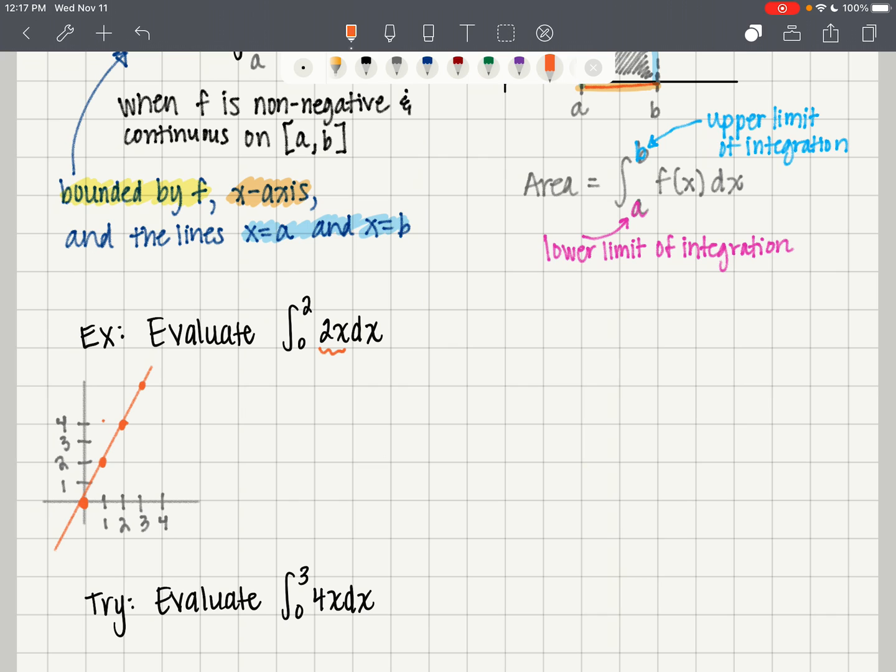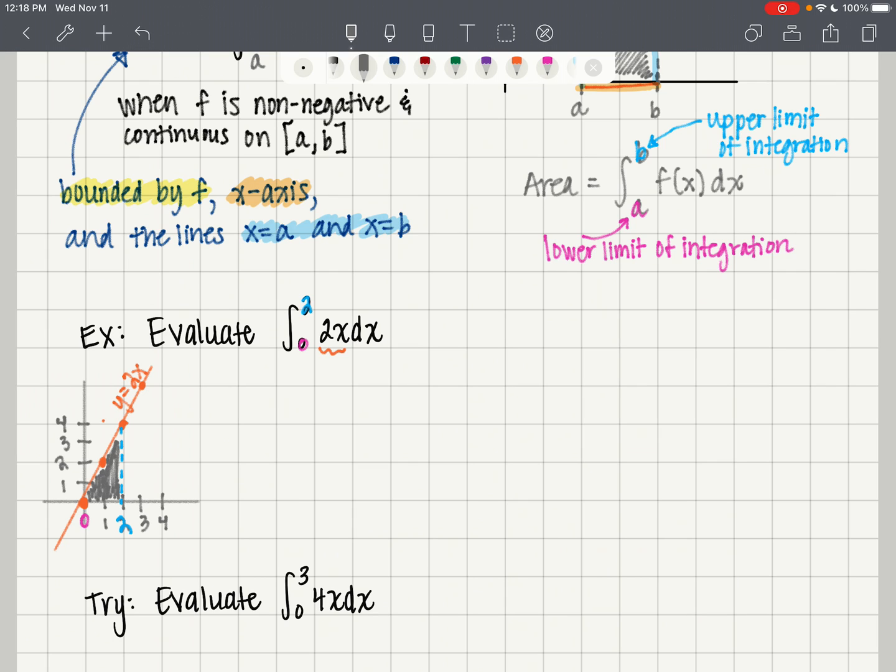So there's our f of x. I'm going to write y equals 2x right there. And then we've got from x equals 0 to x equals 2. So you can see that we have this triangular area that we're going to be finding.